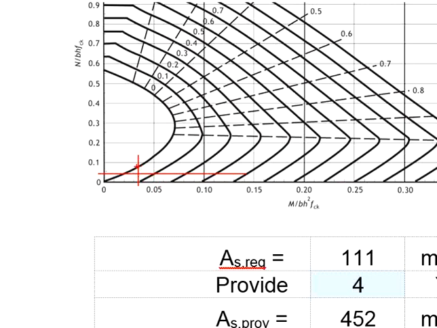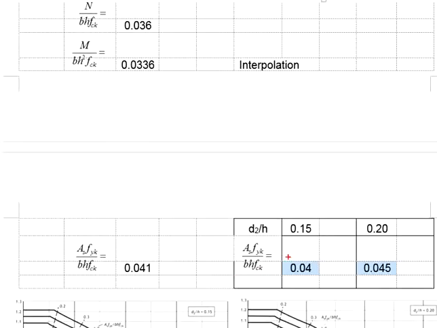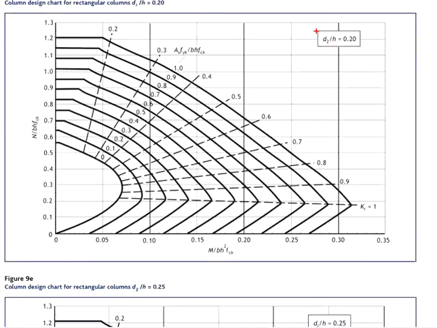If you draw a perpendicular line here, the point falls between 0 and 0.1. Let's say we estimate it equals to 0.04. Estimate 0.04 here.